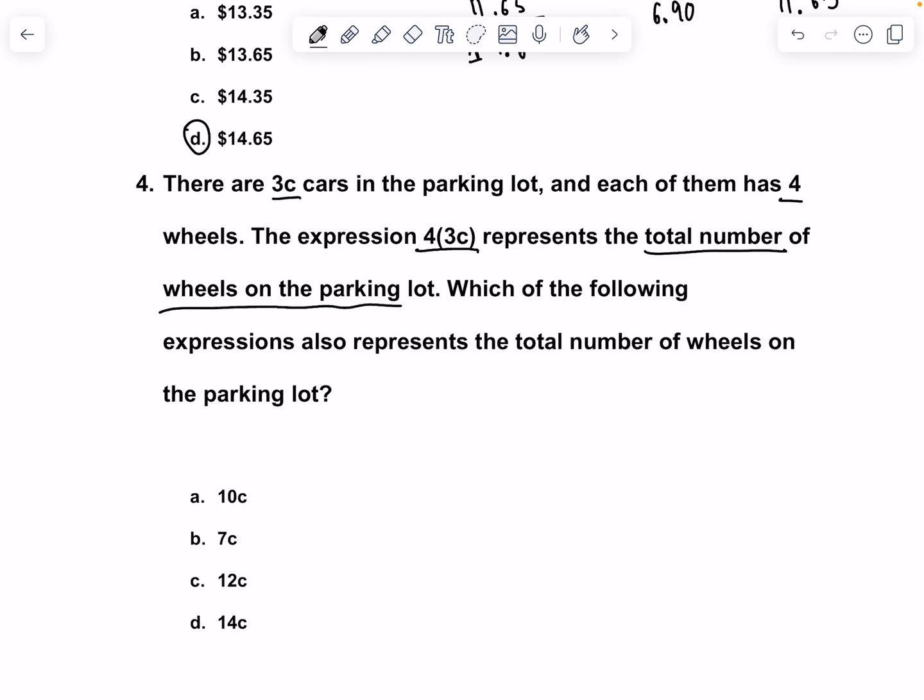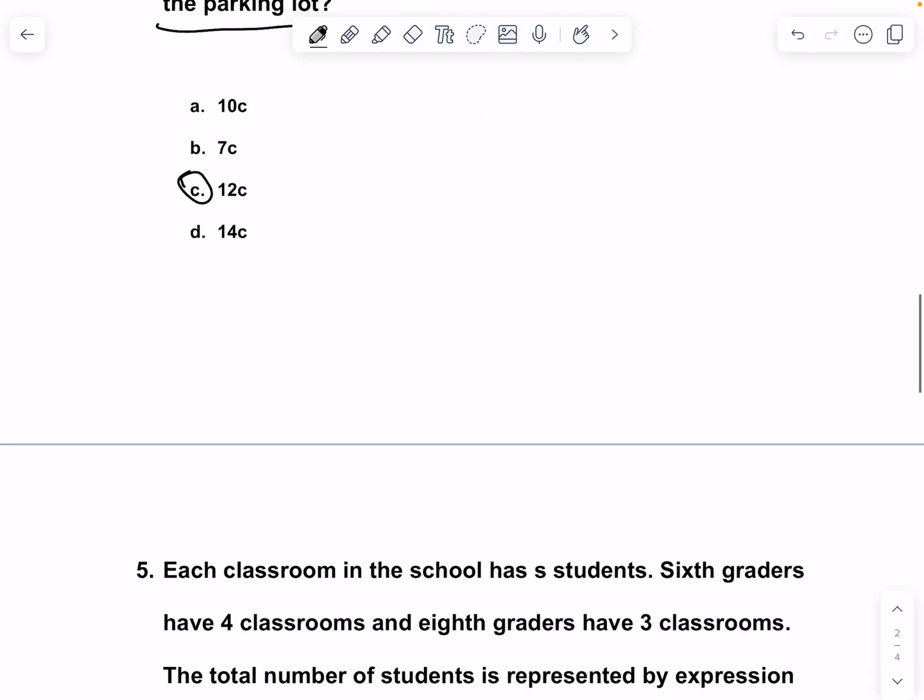So we can simplify 4 times 3C, and that would be our answer. We just multiply 4 times 3, which is 12, and then C. So it would be 12C. So 12C represents the total number of wheels in the parking lot.